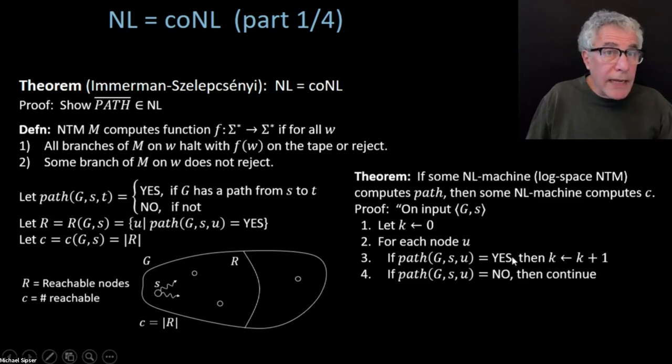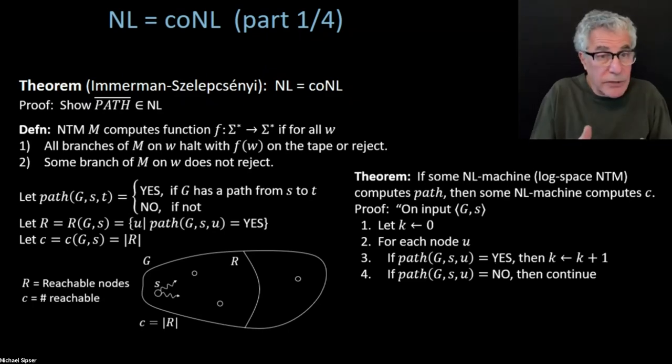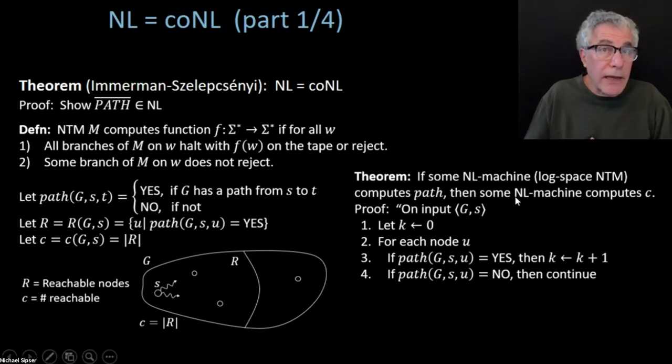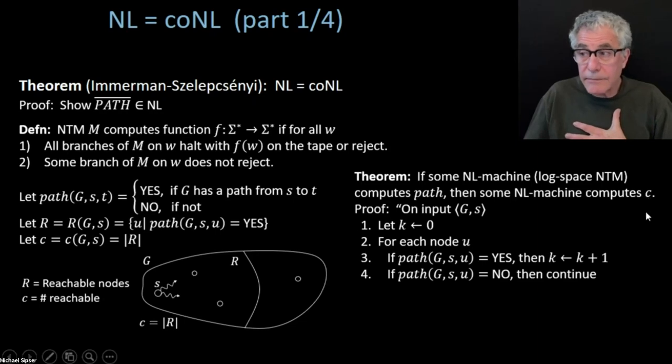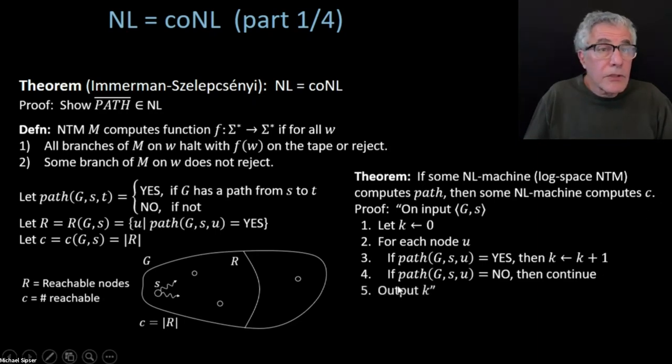Now, when I'm running my NL machine to compute this function, that NL machine might punt, might reject sometimes on some branches. That's okay. I'm also an NL machine. I'm computing a value, and I also might punt on some branches. So at the end, I'm going to output that count.